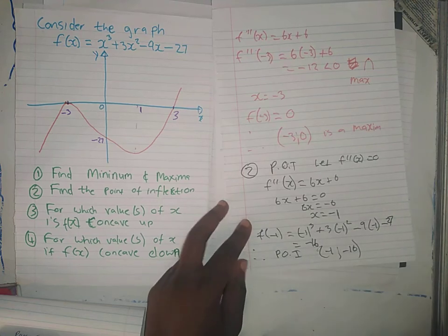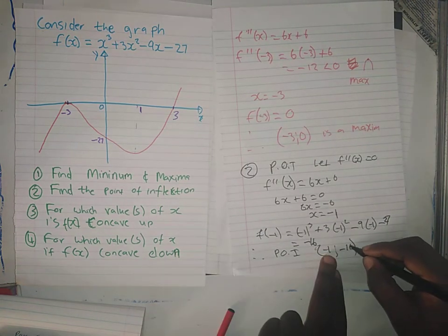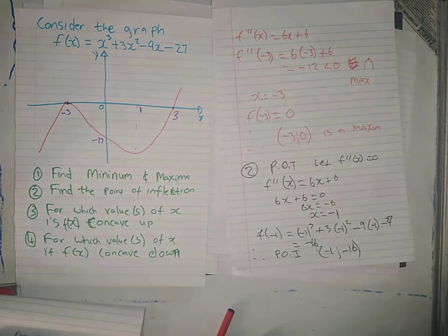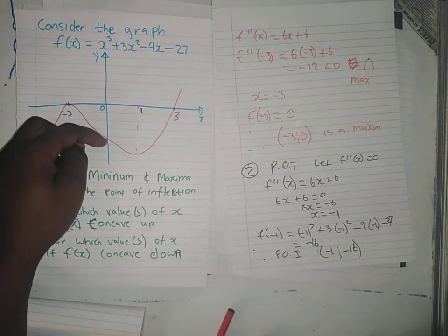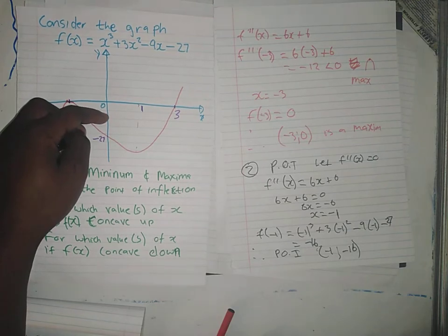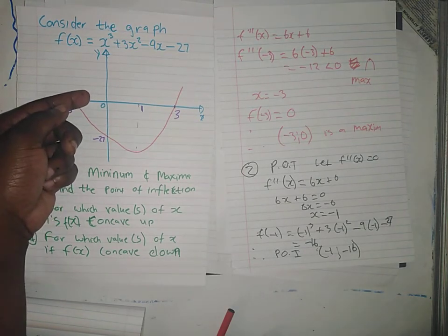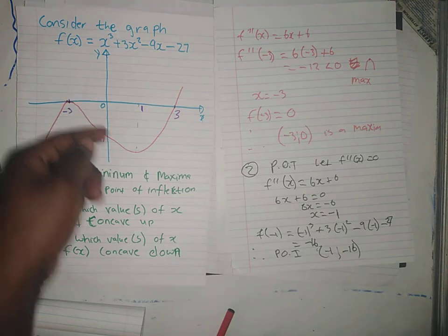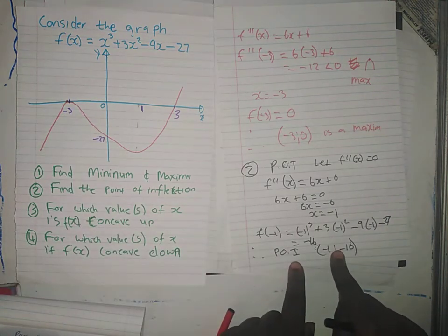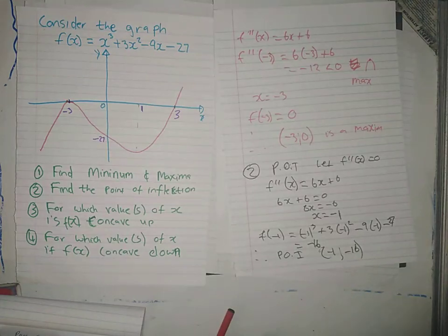Now, does this point of inflection that we have correspond to what we have on the graph? So minus 16 will be something below. It will be over 27 here. Can you see? But in terms of x, it will be somewhere here in the negative. So the value that we got shows us that indeed this point of inflection is fine.